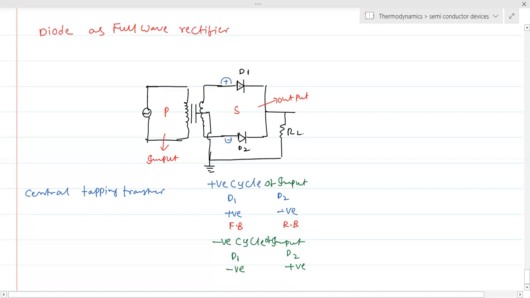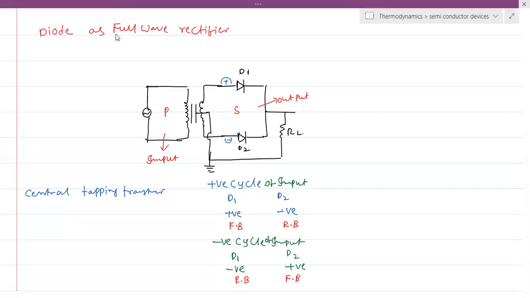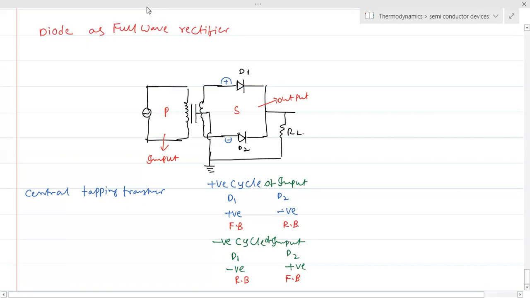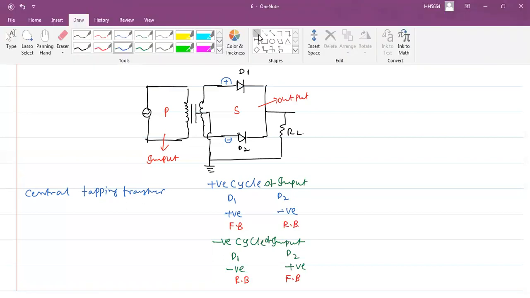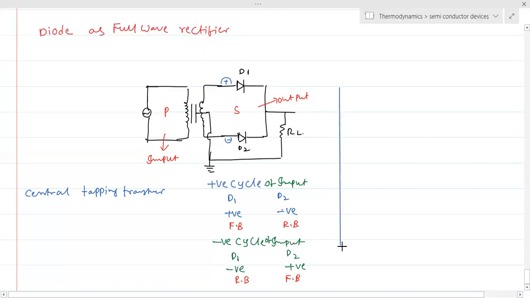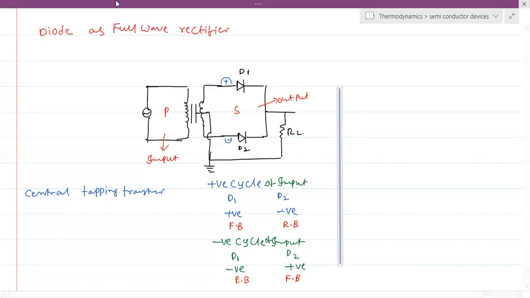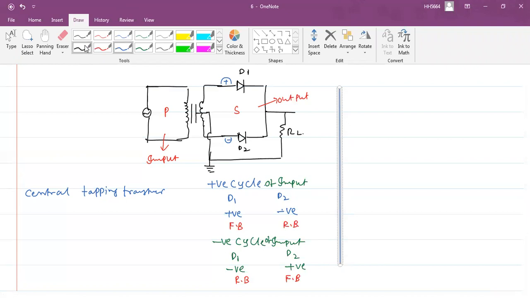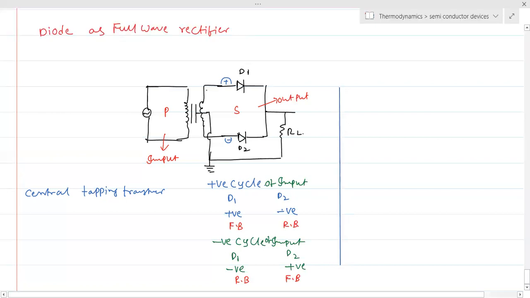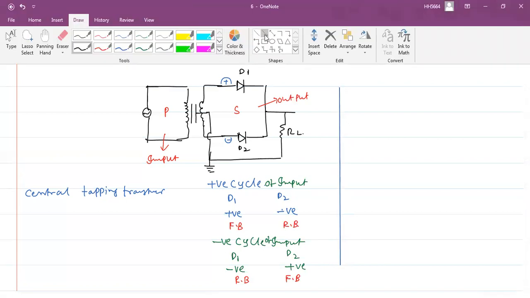When D1 is given the negative potential, automatically D1 will be in reverse bias and D2 will be in forward bias. From these discussions, it is very clear that in the positive half cycle D1 conducts electricity, and in the negative half cycle D2 conducts electricity. We are going to show that with the help of the proper diagram.